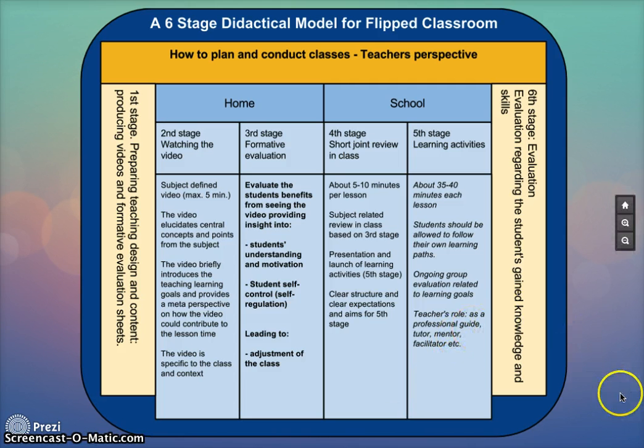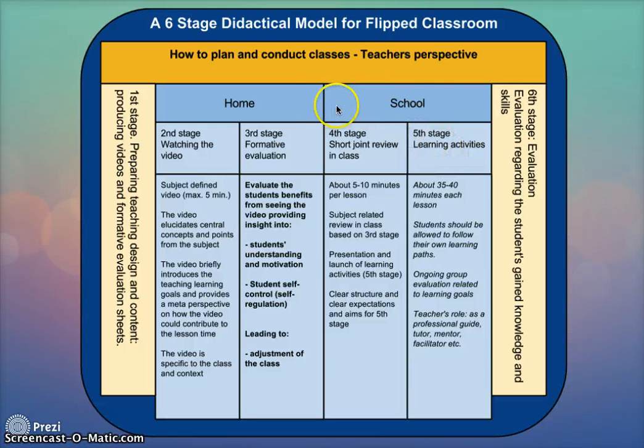So what you need to do when you try out this model is look at each stage and see what are my learning objectives for this teaching round, and what am I going to do in each of these stages, and what are the students or pupils going to do in each of these stages.